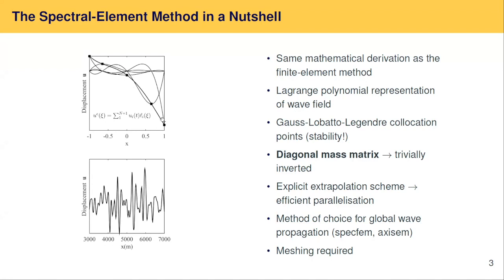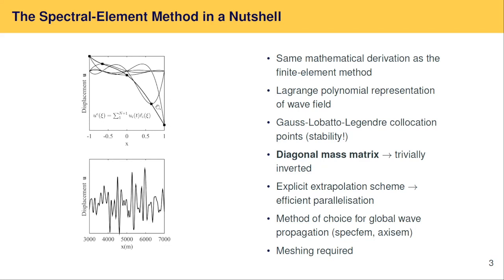In this case, we have 5, and 5 minus 1 is 4, and this is a 4th order Lagrange polynomial. And the basis functions for each of those polynomials, you can see here. This is very similar to what we had in the Fourier method. Here, our basis functions are 1 here and 0 at all other collocation points. You will see this later.